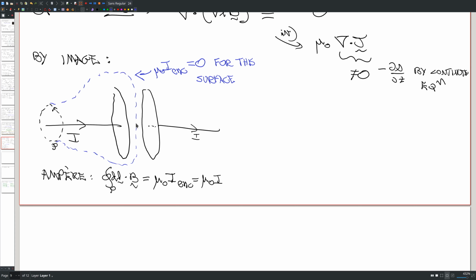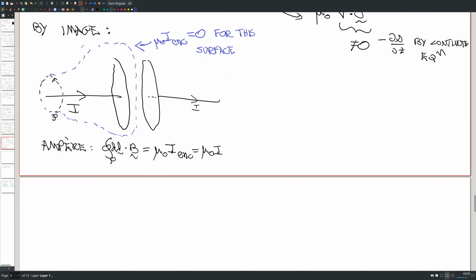And this is where your insight comes in handy. The idea of Maxwell is to fix this by adding an extra term to Ampere's law.